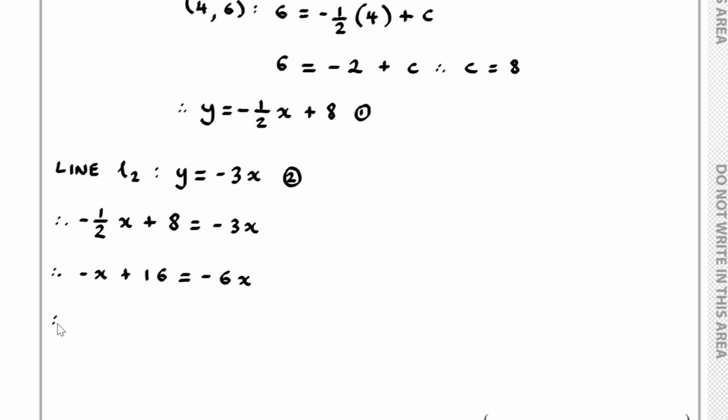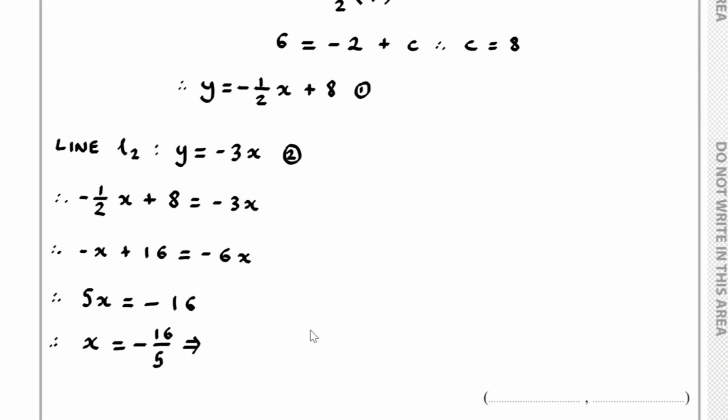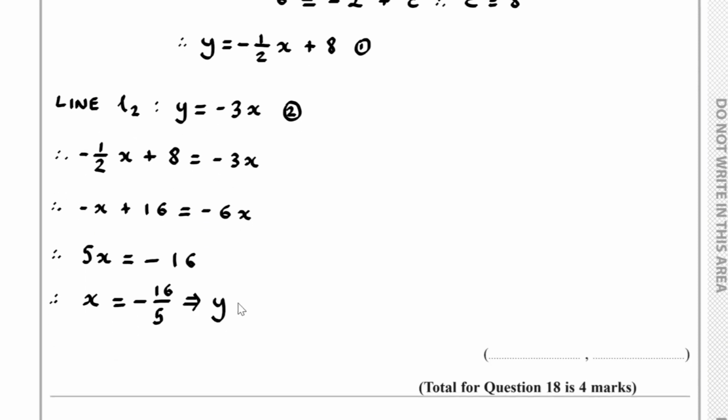So if I add 6x to both sides, I have 5x equals negative 16. So x is equal to negative 16 over 5. And from this we can find out what y is. Y equals negative 3 times negative 16 over 5, which is positive 48 over 5.